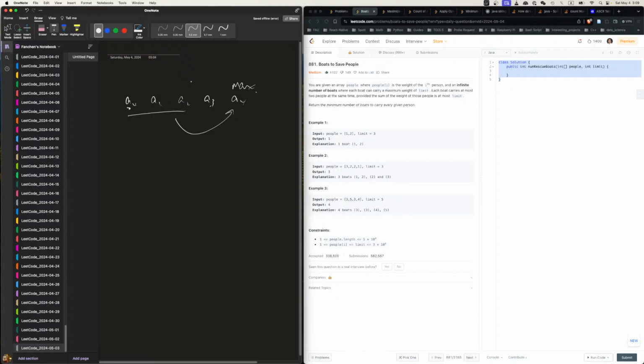But we want to save the small. That's kind of the idea, right? We want to save the small value. Because if this can pair with these three, then because we sorted, this can definitely pair with these three as well. Which means if I pair this with the smallest, then this can still pair with them.